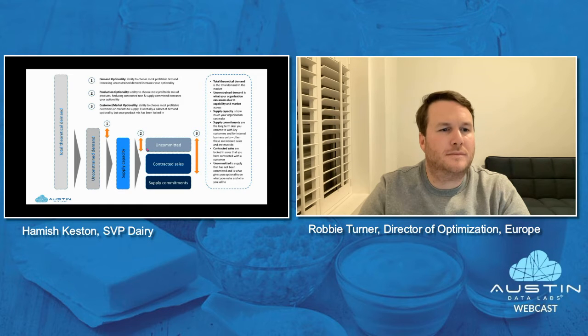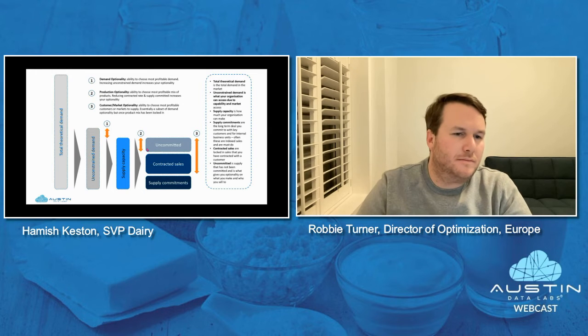Then moving into the middle of the diagram, the blue column is supply capacity of a given company. So as it kind of implies, that would be the total amount of Holland powder that, say, a company could make. Then moving across to looking essentially at the sales book, there's generally a number of components within a sales book. So you'll have some supply commitments.